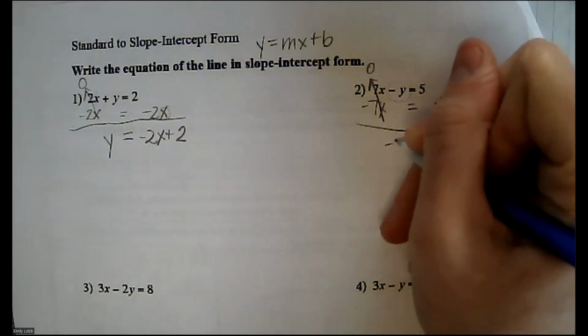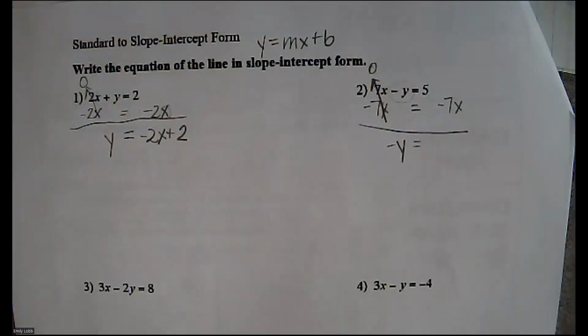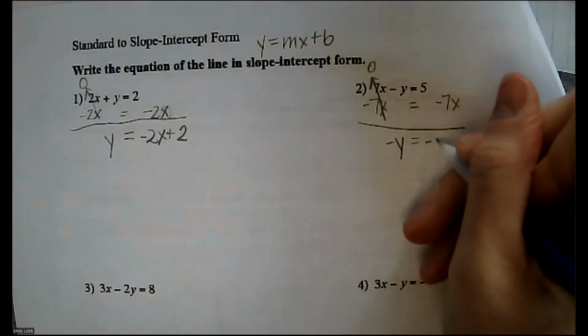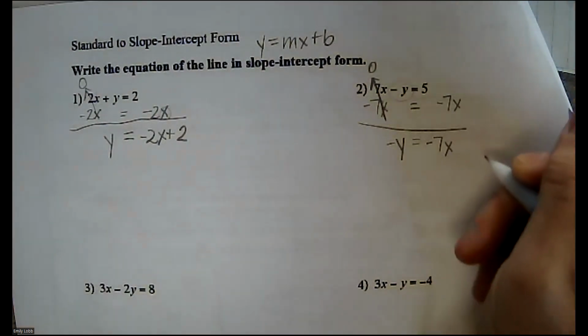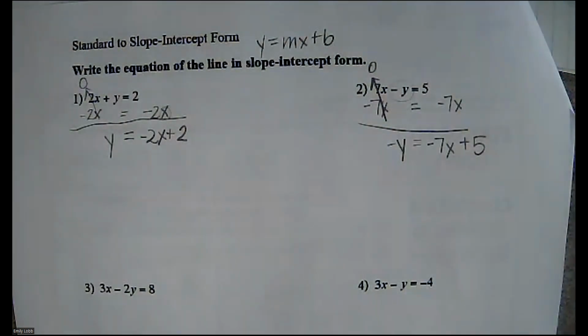Don't forget to bring down your negative here. Be sure you did that when you were doing it yesterday. Check your work there. A lot of people miss bringing that negative down with the y. Then I have my variable term, which is negative 7x, and my constant, which is positive 5. So I'm going to write plus 5 because they're being combined together.